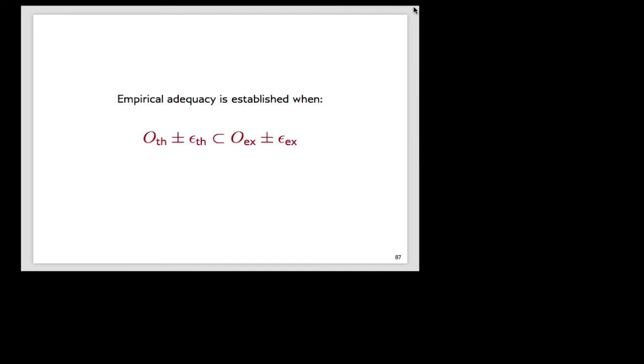And I think you can. And I think you can do so by just taking empirical adequacy to be established when the theoretical characterization of the observables with this theoretical error attached to it is compatible with the experimentally measured values of the observables within the measurement error.